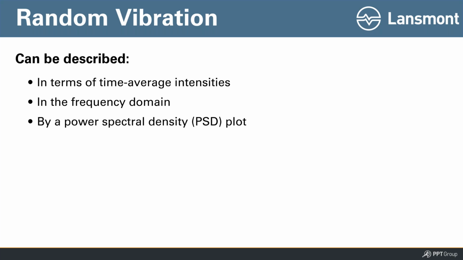Another way of describing this, depending on where you are in the globe, is acceleration spectral density plots, ASDs. But in our history, in the standards associations that we work with, be it ASTM, ISTA, ISO, MIL standard, for the most part, random vibration is described in terms of power spectral density plots.